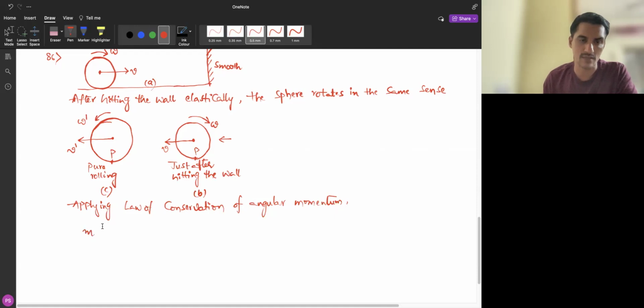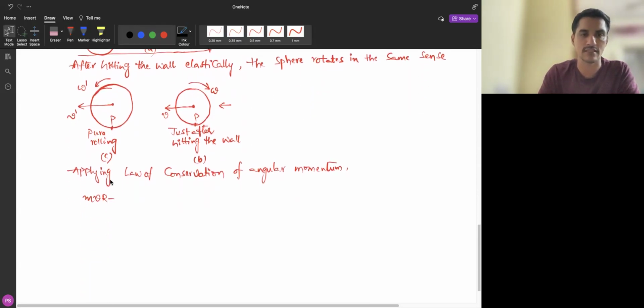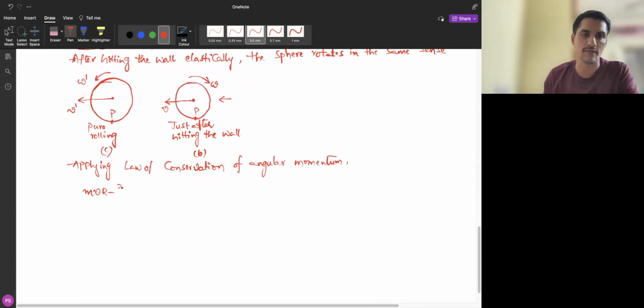That is m into V into R minus I value. It is a solid sphere, right? Is this a solid sphere? Yes, it is a solid sphere. So I value is 2 by 5 mR square into omega value.